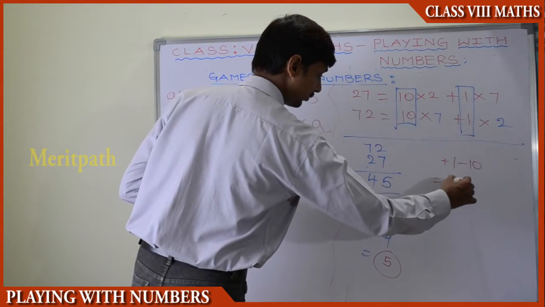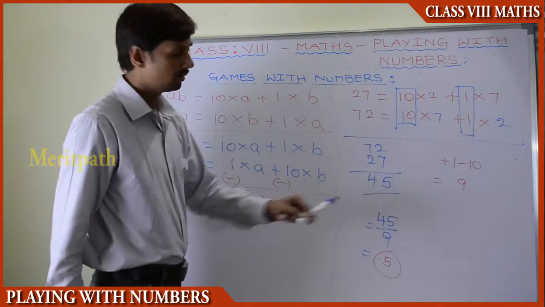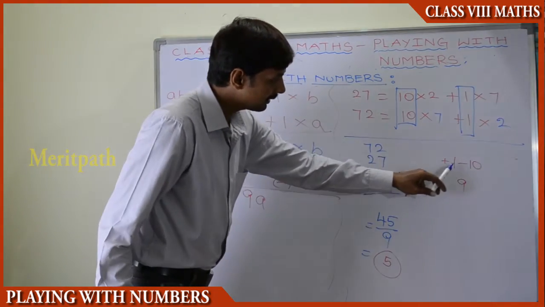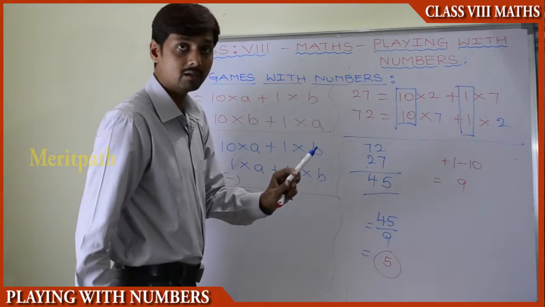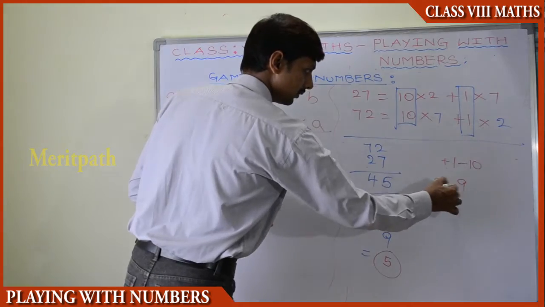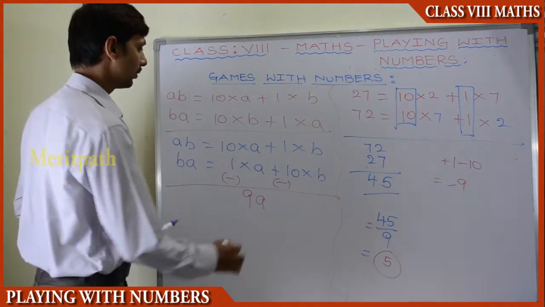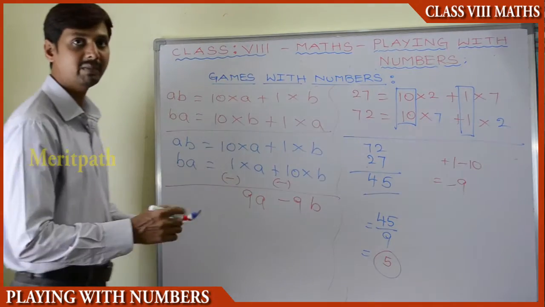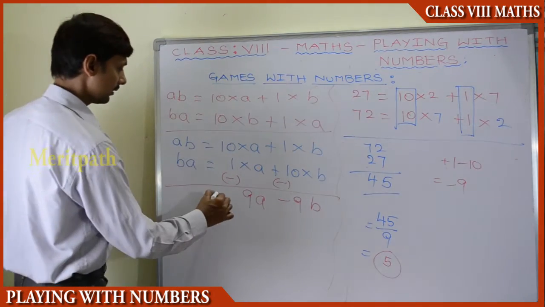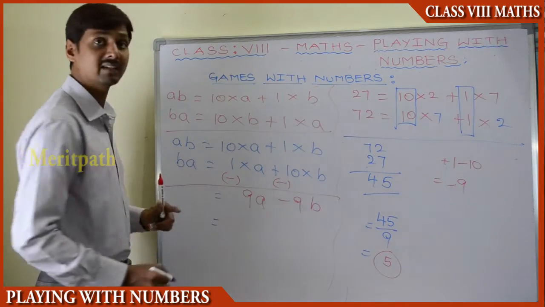Since 10 is greater than 1, it has a minus symbol, so we write minus 9. There is a variable B, so minus 9B. So here we got the result 9A minus 9B.